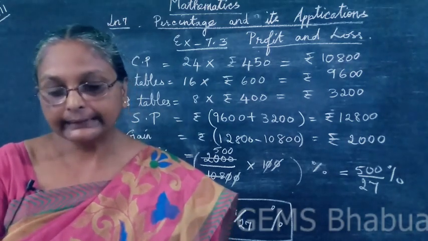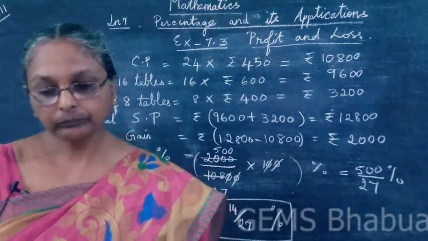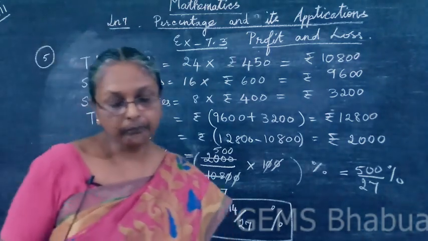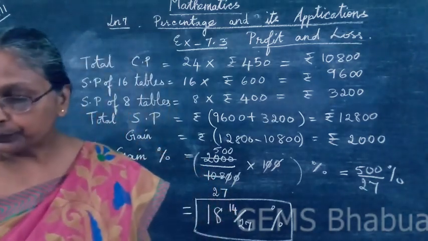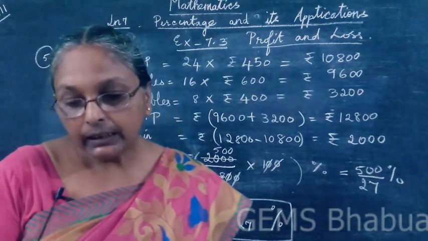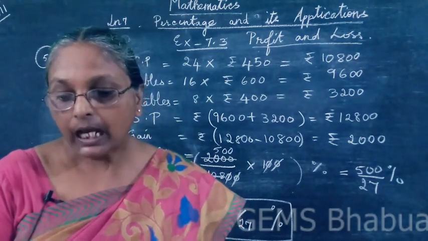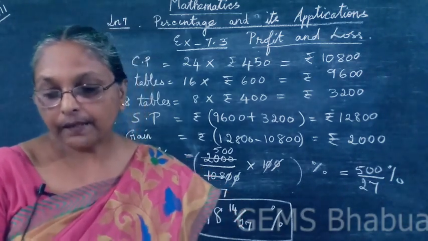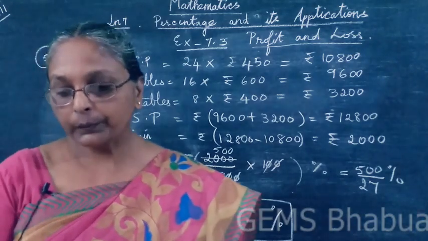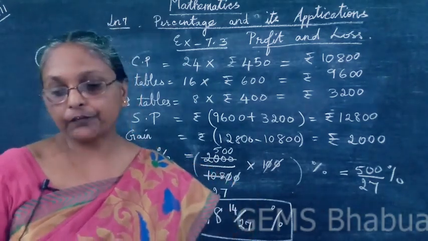Now you can see the 7th sum. Let me read out the sum for you. By selling a steel almirah for rupees 3,906, a manufacturer suffers a loss of rupees 294.